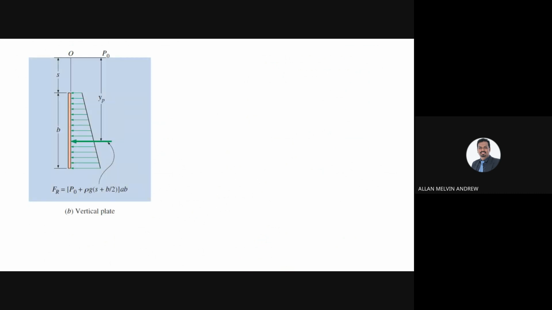Okay. Then we can have a case where it's a vertical plate. Vertical plate means once it's submerged, it's going vertically. So the pressure at the top and the bottom will not be the same. It will be lesser at the top and more at the bottom. So the force will be more towards the bottom because it's the resultant force.